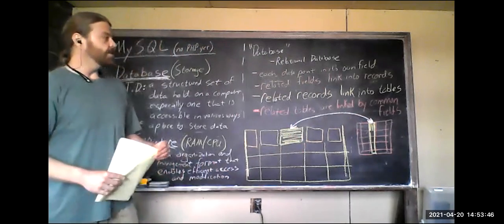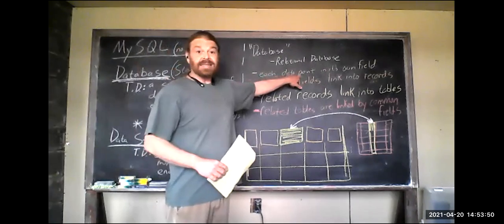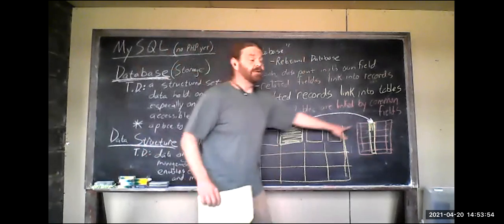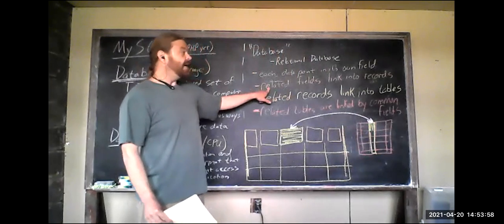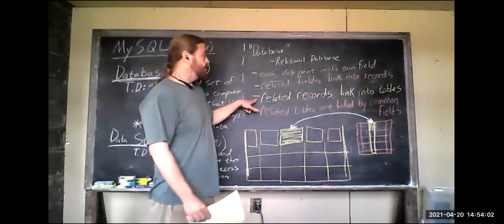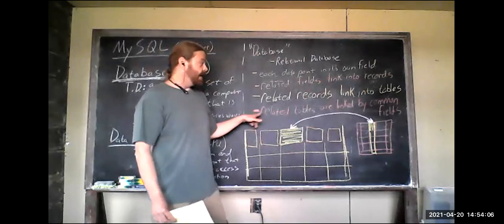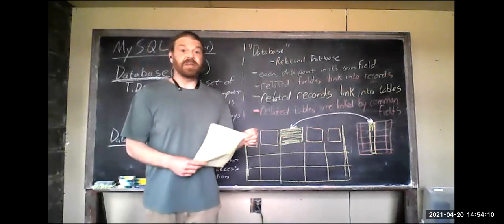And that's where the relational part comes in. Every data point is individual. We have all these individual cells on this table, all the individual cells on this table, but the related cells build up into records, and the related records build up into tables, and the related tables connect to each other by common fields.